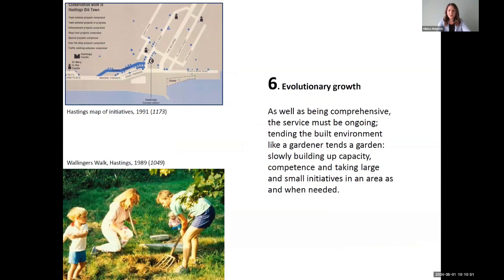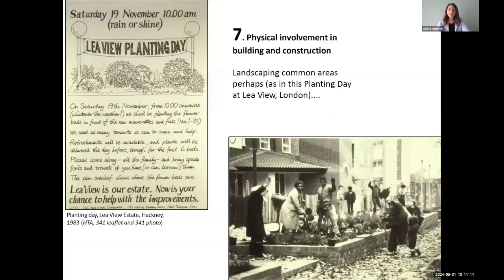As well as being comprehensive, the service must be ongoing. So, tending the built environment like a gardener tends a garden, slowly, by following small steps, we can achieve large changes in an area as and when needed.